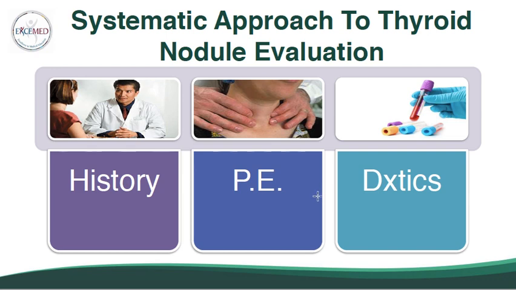Plus, given your history and physical examination, you can proceed with the appropriate diagnostic tests to request, to confirm your diagnosis and to help you decide the next step in the approach to a patient with a thyroid nodule.